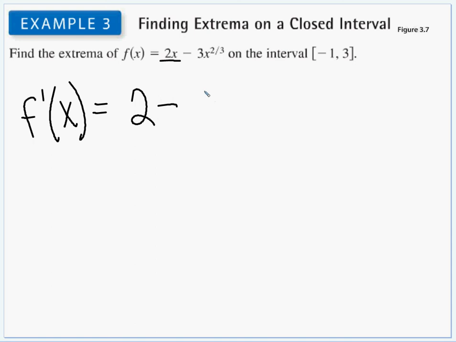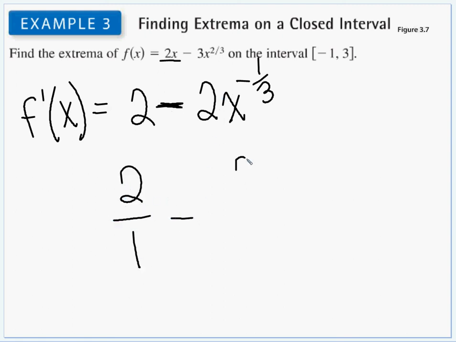Now we need to do a little algebra work before we can find our critical numbers, because we want to set this equal to 0, and that's not going to be very helpful unless we turn it into one fraction. So here we've got 2 over 1 minus 2 over, let's put this back under a radical, the 3rd root of x.